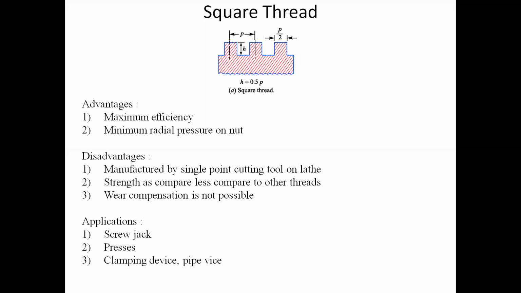The second thing is the minimum radial pressure on the nut. What is radial pressure?